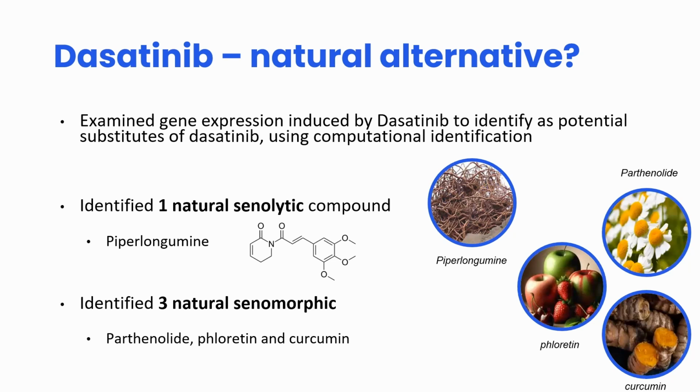It was a very exhaustive study, and they identified only one compound that was similar, with a similar gene expression induced by the anti-cancer drug, and that compound is derived from pepper long roots. This is the compound here, pepper longumin, and it is the only compound identified to work in a similar way. The study also identified 3 other natural xenomorphic compounds, but these were unlikely to work in combination with quercetin.